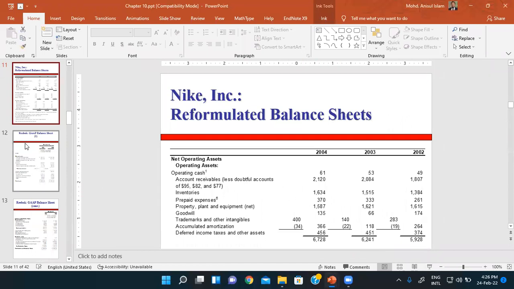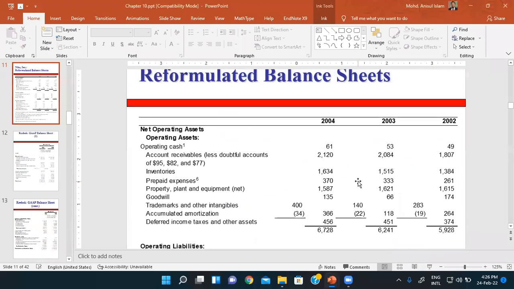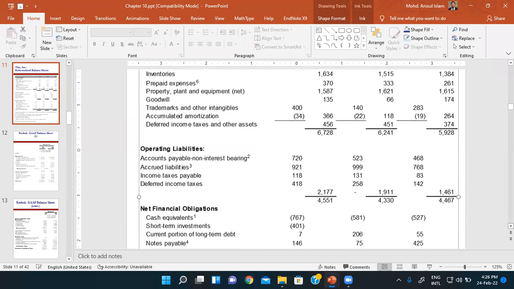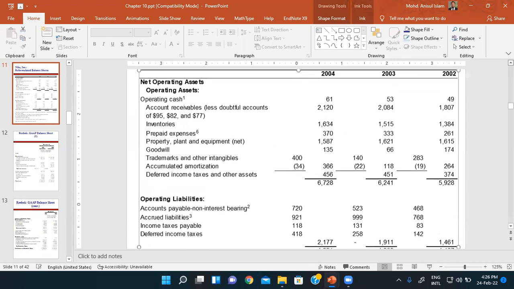Okay. So we talked about how the cash and cash equivalent can be allocated to operating cash and the cash equivalent. And we know how we can allocate it. I'm not going to go over how to allocate it again.